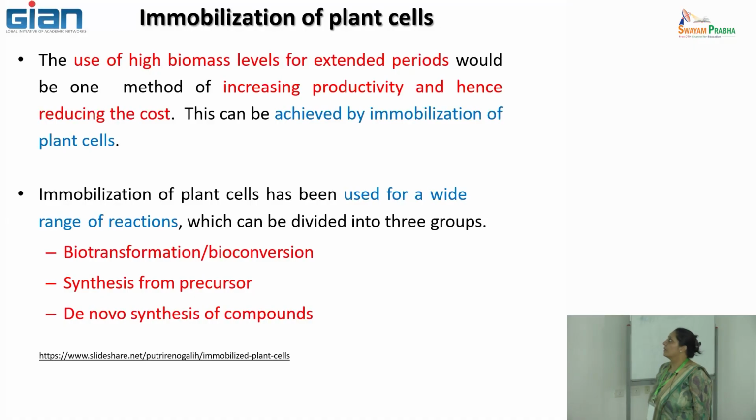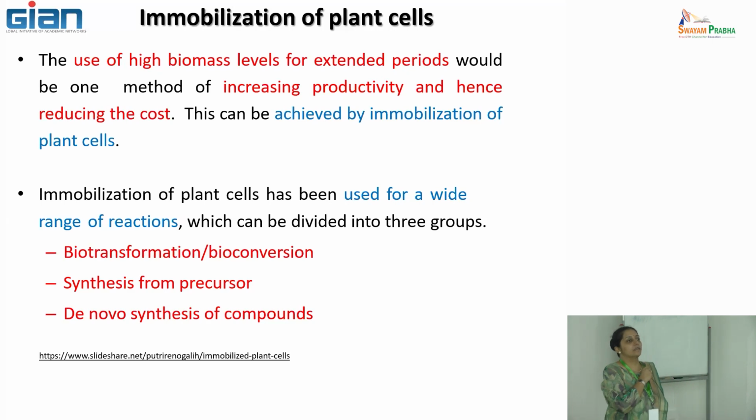So one of the other strategies to improve productivity is also immobilization of plant cells. The use of high biomass levels. So in order to achieve high productivities, as you people were also saying, high biomass concentration is required. So you can take the advantage of immobilization to have these high cell densities in smaller volumes.